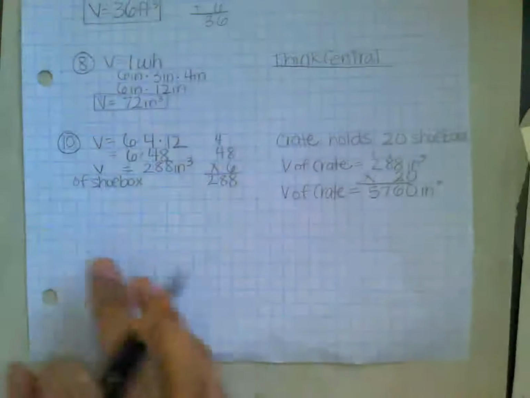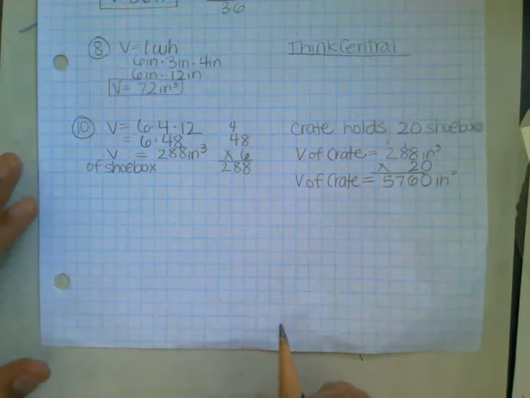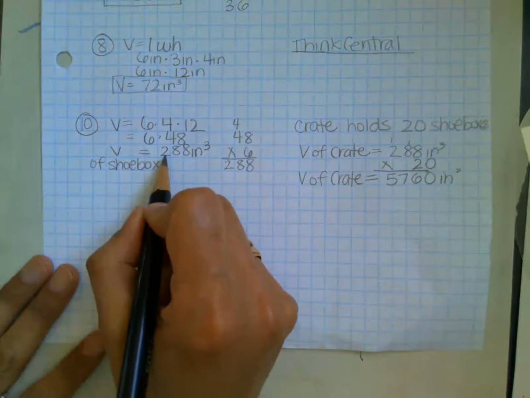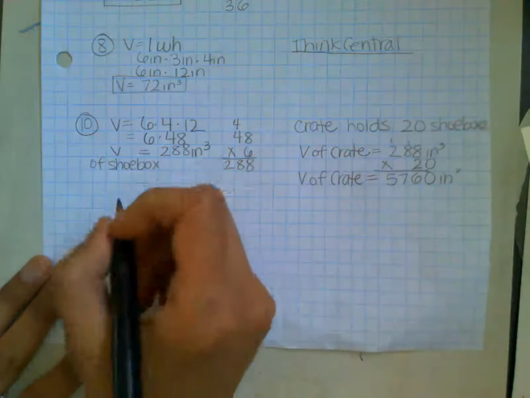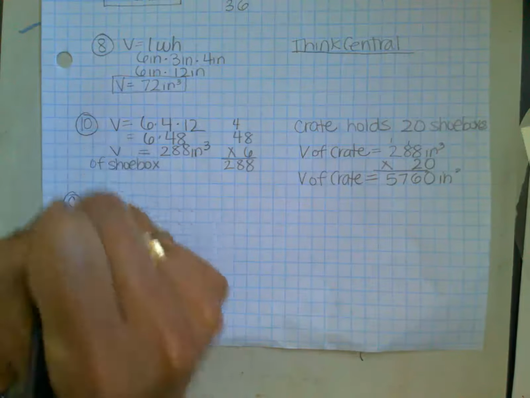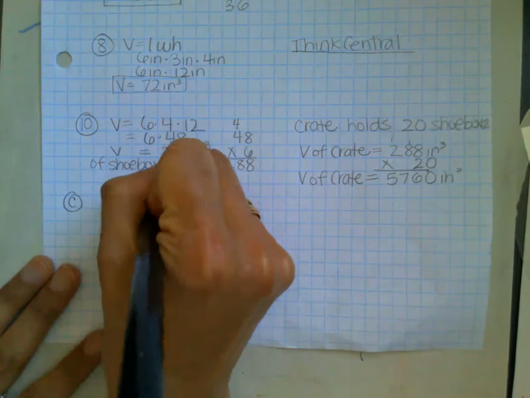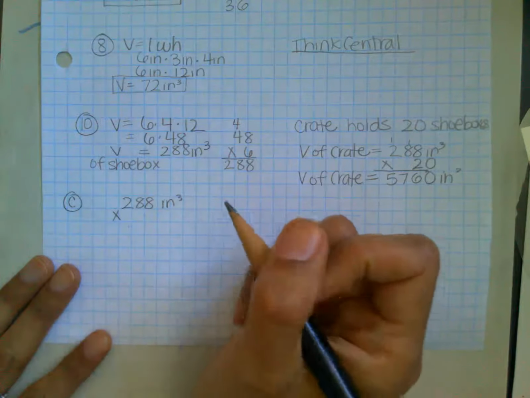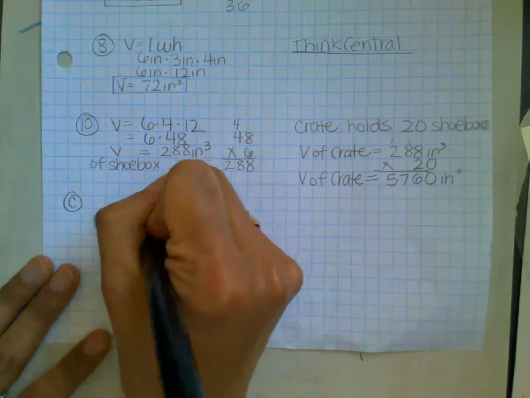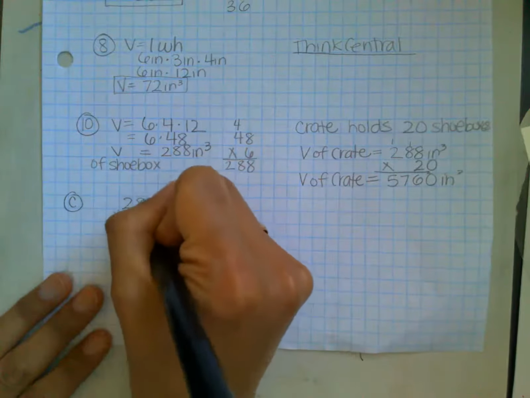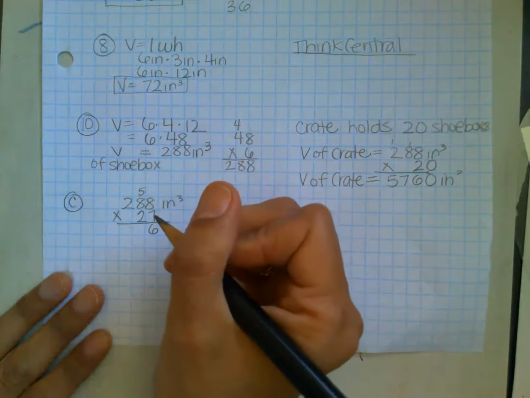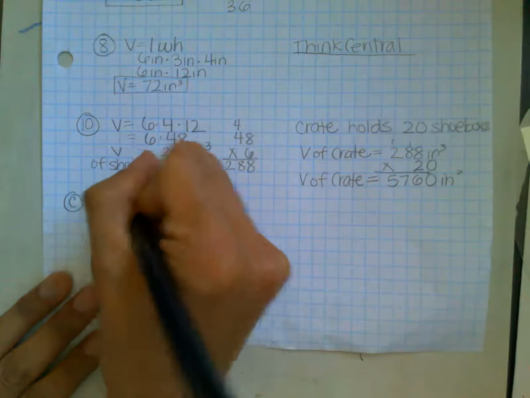Okay, so we just gotta redo the volume now. So now we're gonna do the volume of one shoebox was 288, and there's 27 shoeboxes. So this is for C. So we have 288 inches cubed, and we're going to times that by 27 shoe boxes. So 8 times 7 is 56. 56 plus 5 is 61.